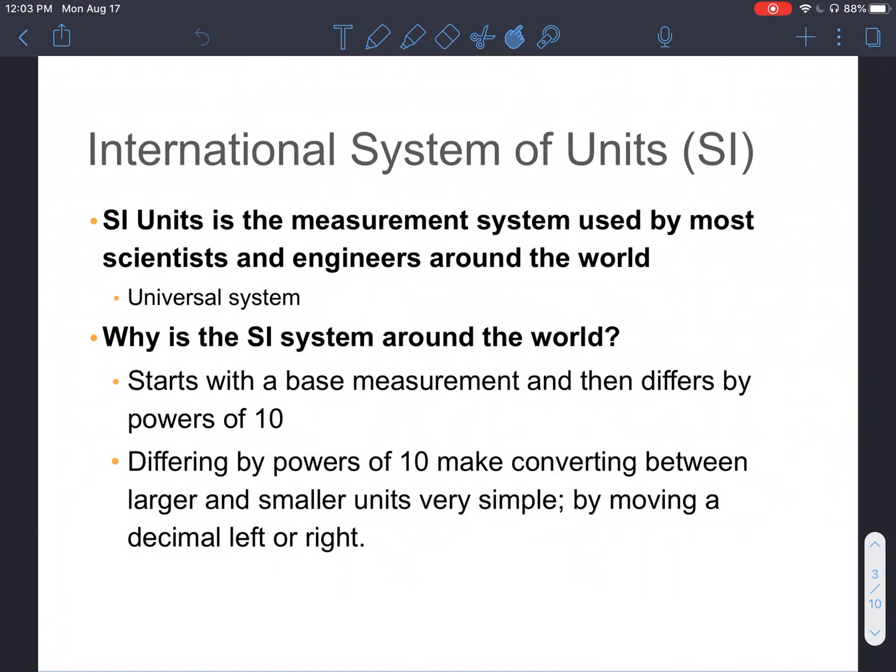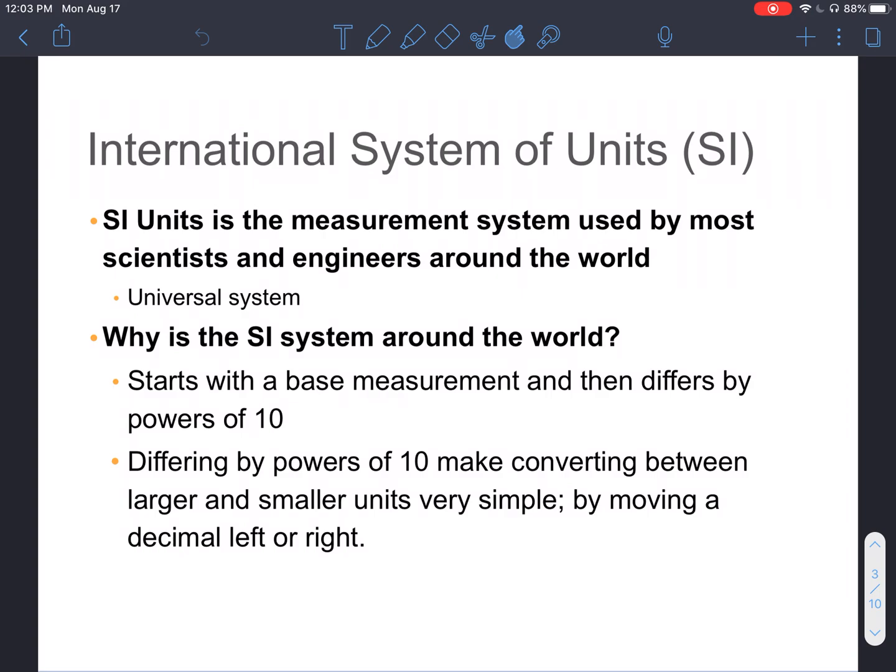The system of units that we use is the International System of Units, or SI. I know it seems like it should be IS, but because of language translations, it comes up backwards in English. The SI units are a measurement system used by scientists and engineers all around the world.